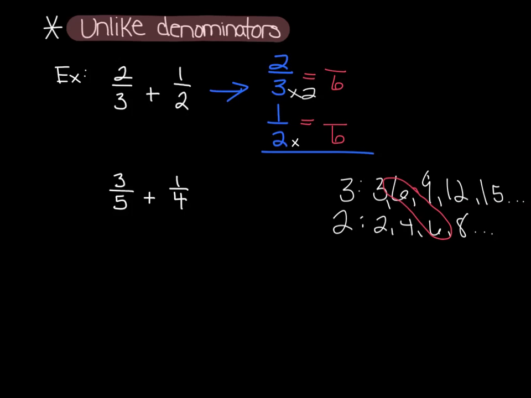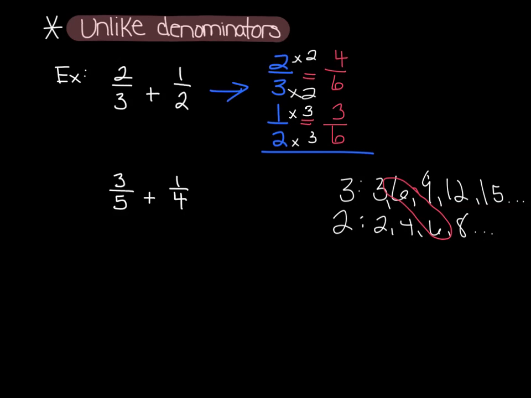Well, 2 times 3 would give us 6. Okay, so whatever we did to the bottom here, we have to do the same thing to this number up top, times 2. Whatever we did to this 2 down here, we have to also do to the 1, times 3. Okay. Now, we can finish our fraction. This would be 4, and this would be 1 times 3, which is 3.